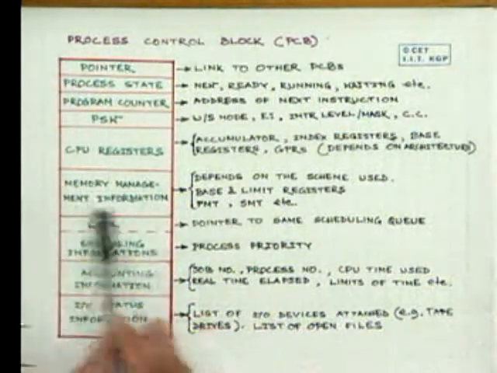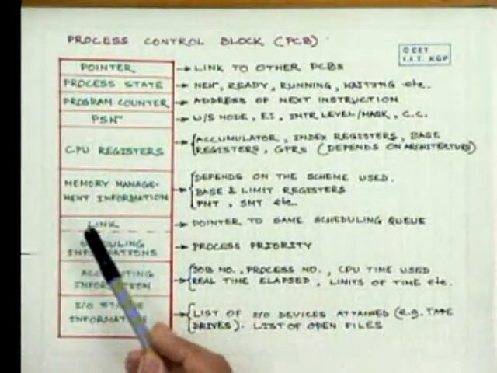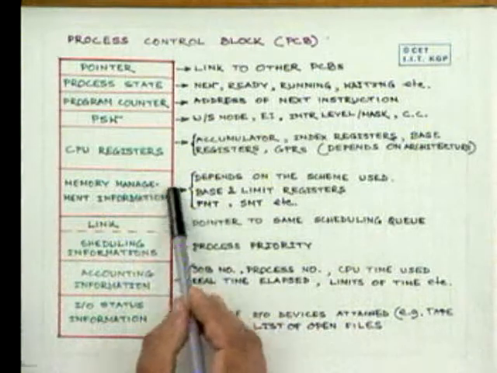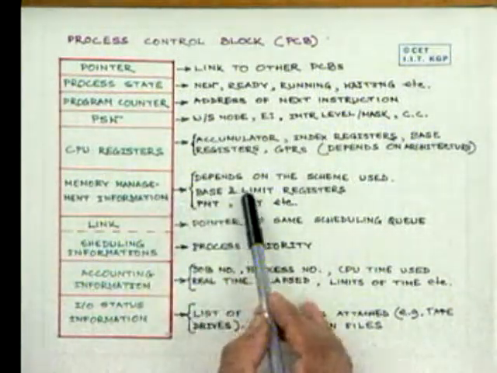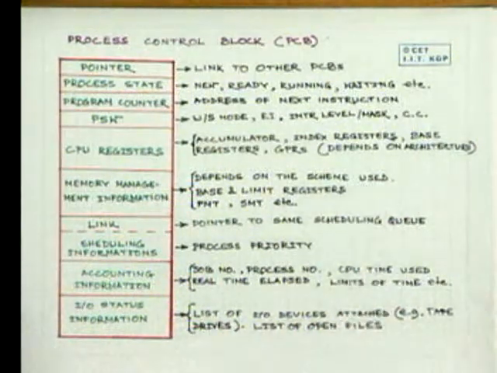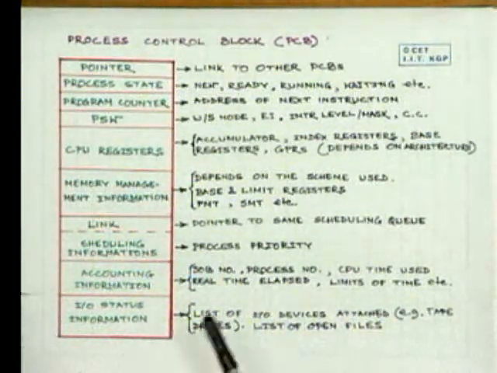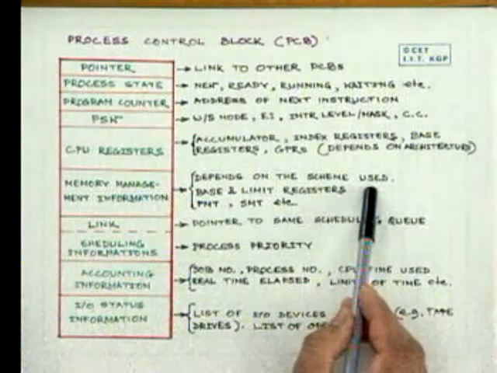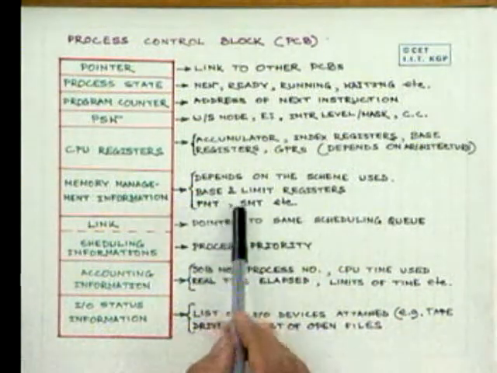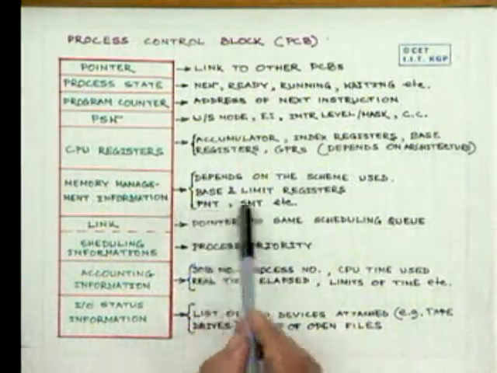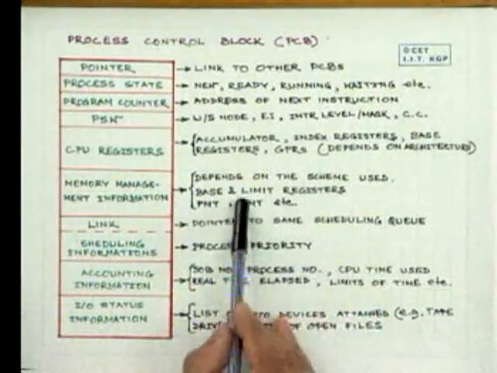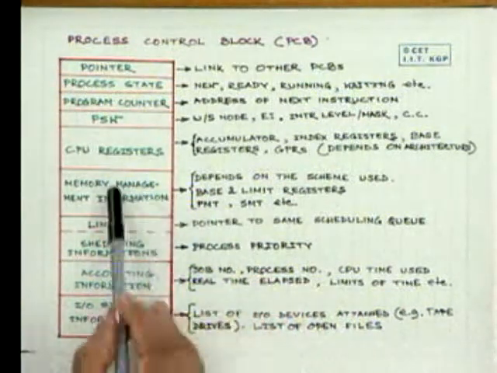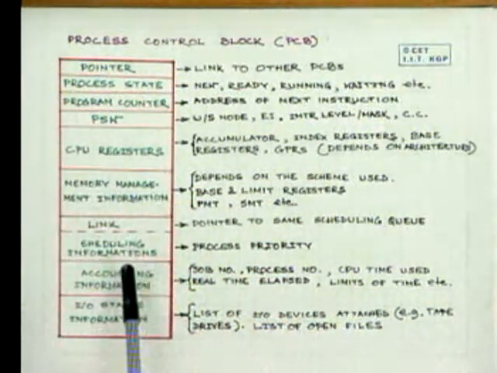Another field is the memory management information. We'll talk about memory management later, as there are various schemes, for example partitioned memory, page mapped memory, or segmented memory. Depending upon which memory management scheme we are using, that information is kept here.